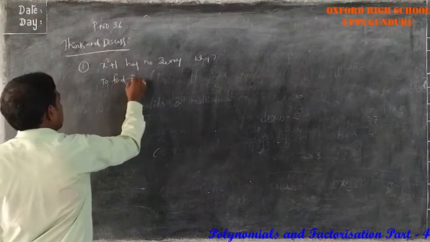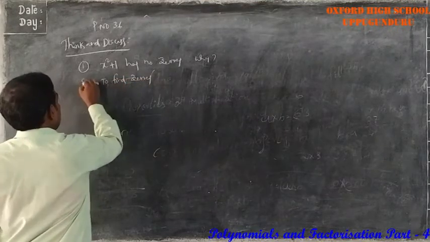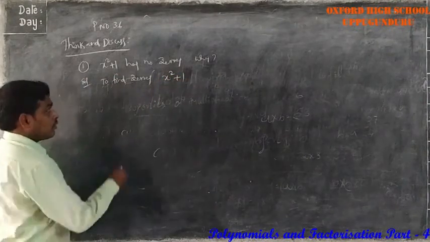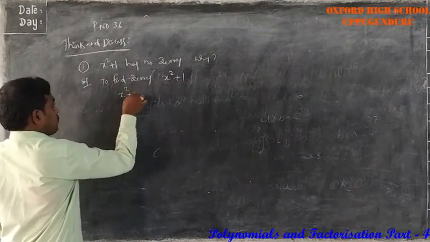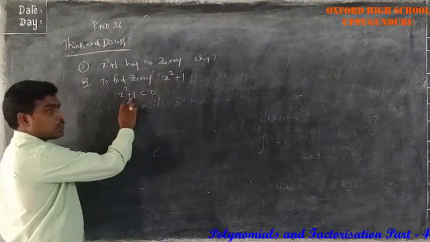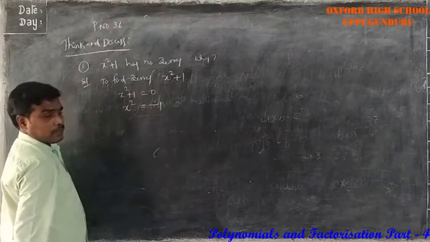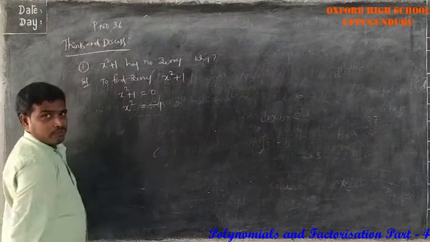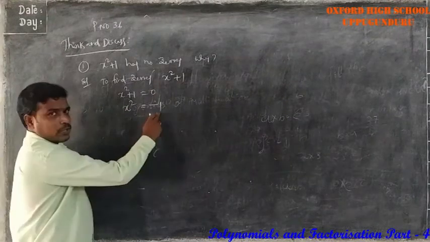To find zeros of x square plus 1, x square plus 1 should be 0. x square equal to, transposing plus 1 to the right side, it becomes minus 1. So here in place of x, if you substitute any value, you won't get minus 1.